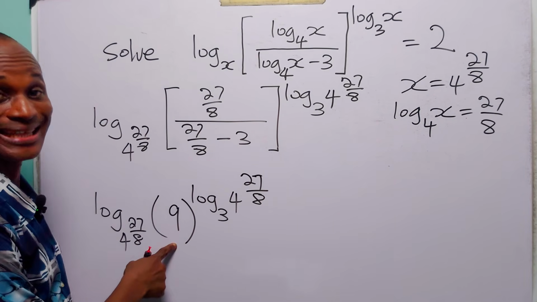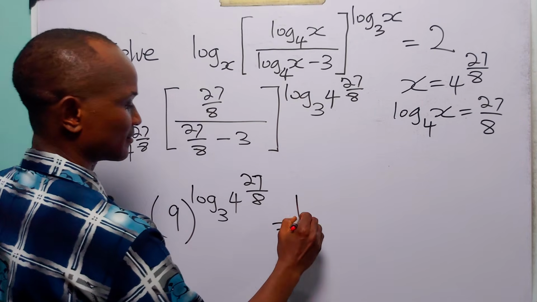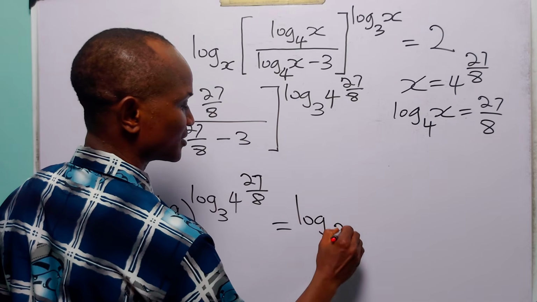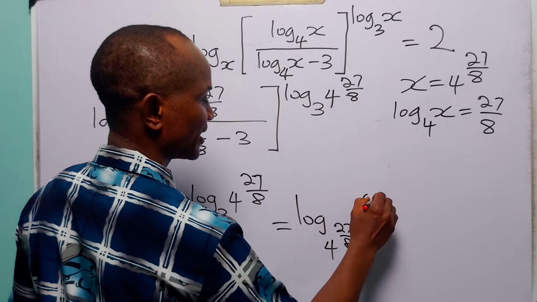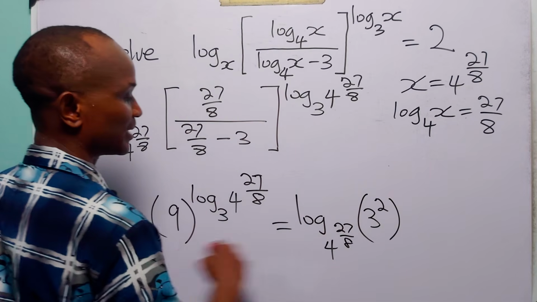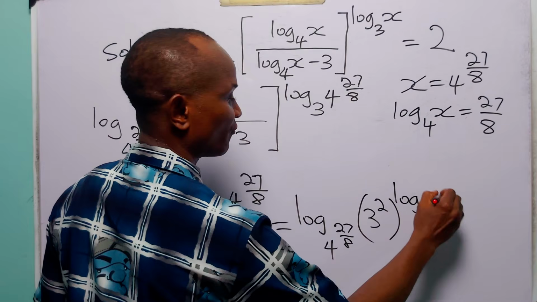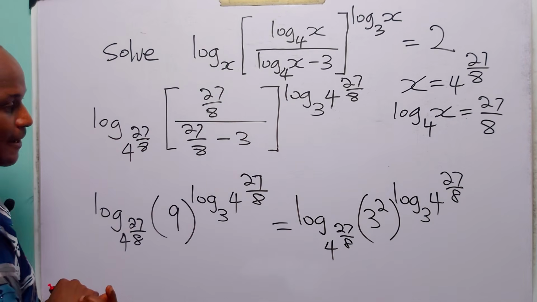But let us remember that 9 is 3 squared. So we can also write this as log to base 4 to the power 27 over 8 of 3 squared to the power log to base 3 of 4 to the power 27 over 8.